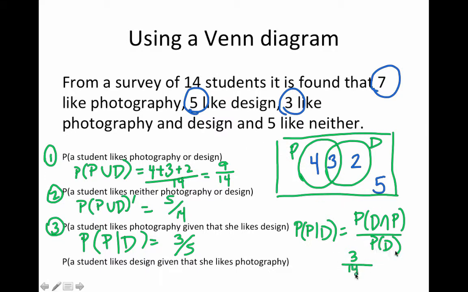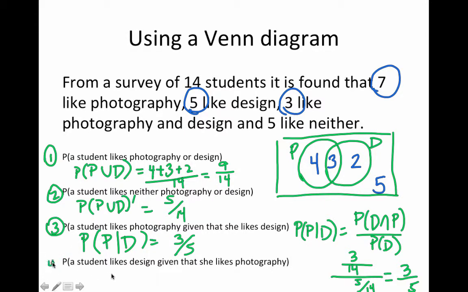There's 14 total students. And then the probability of students liking design is 5 out of 14. But these 14s cancel. They're the same denominator, and you're just left with the numerators, which is 3/5. So if you have a Venn diagram, you can just think of this formula, not even deal with the denominator, and do the and divided by the total of the thing that already happened.